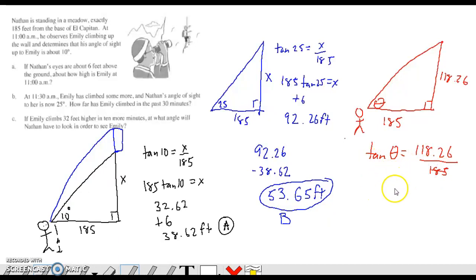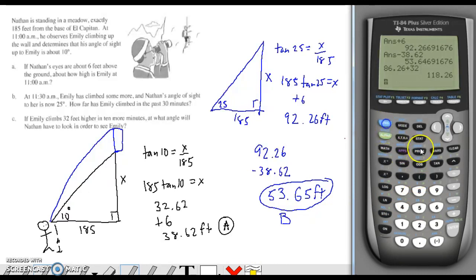Remember, we're going to apply the inverse. So in your calculator, you're going to say the inverse tangent of 118.26 all over 185. So second tangent, 118.26 divided by 185, press enter, and we get 32.59.